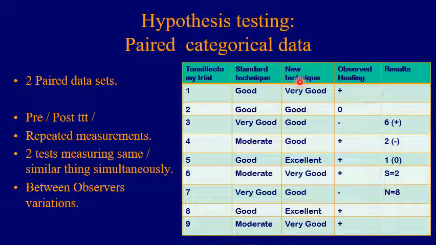Or it can be different observers, for example, grading the marks of students, observer number 1 and observer number 2, and we'll try to see the difference between the two.